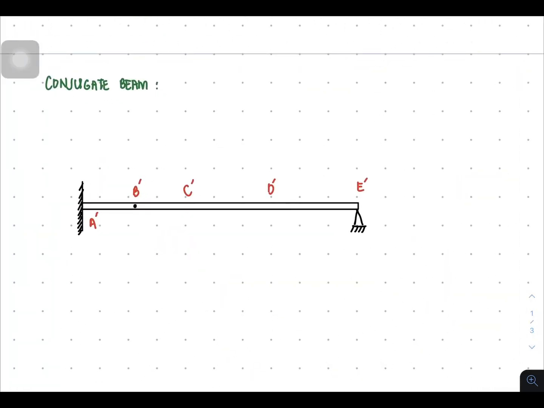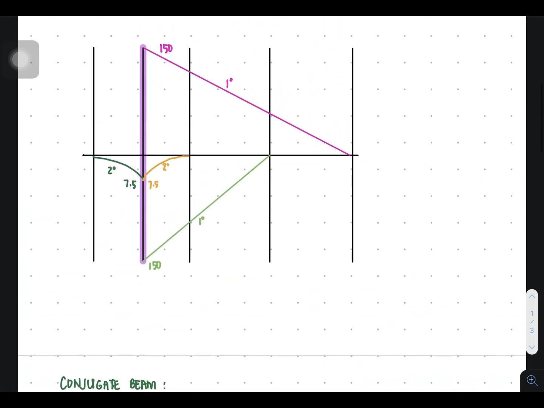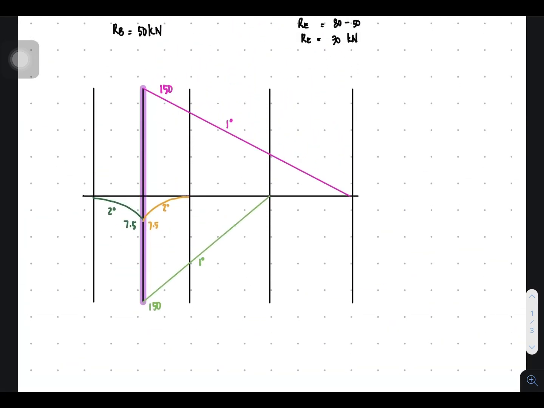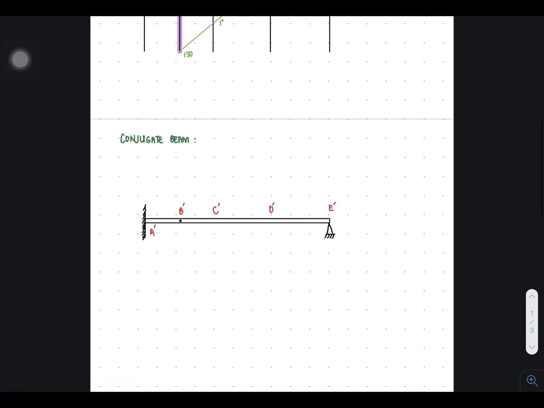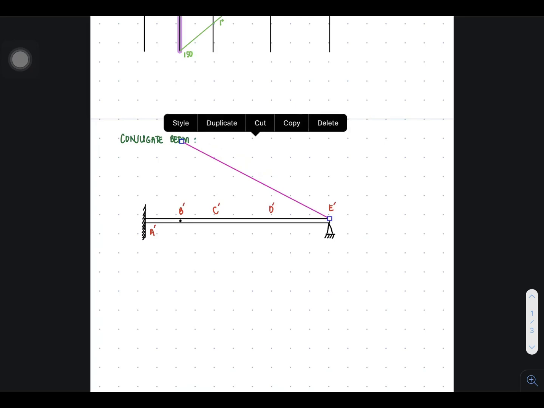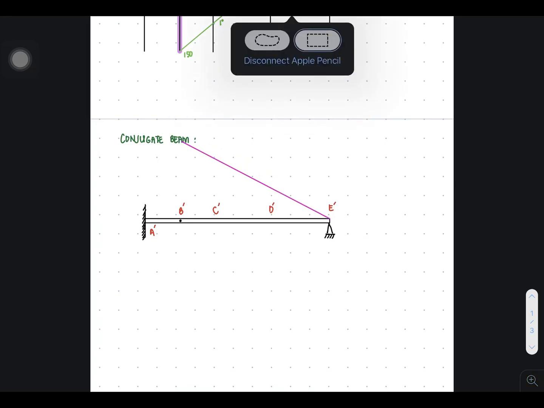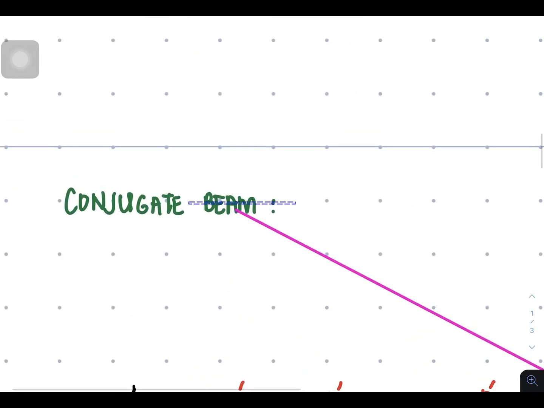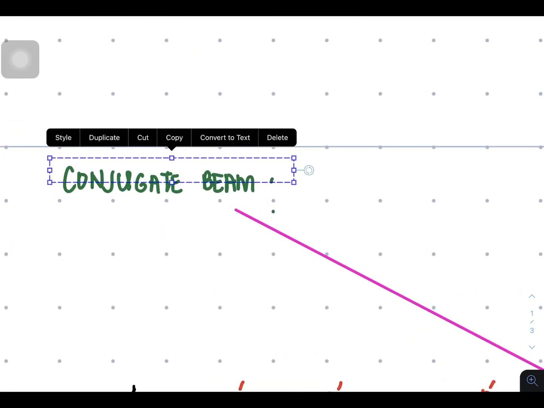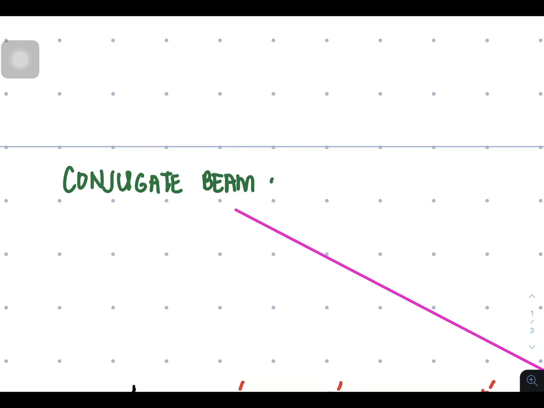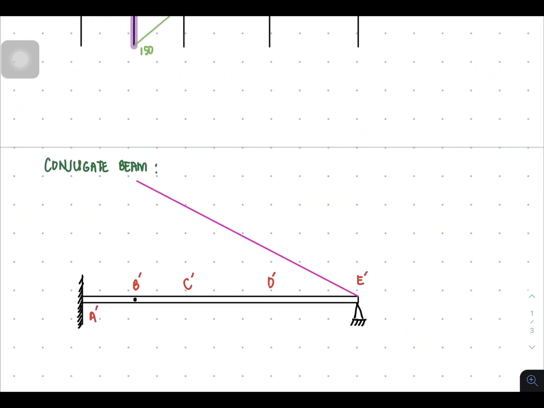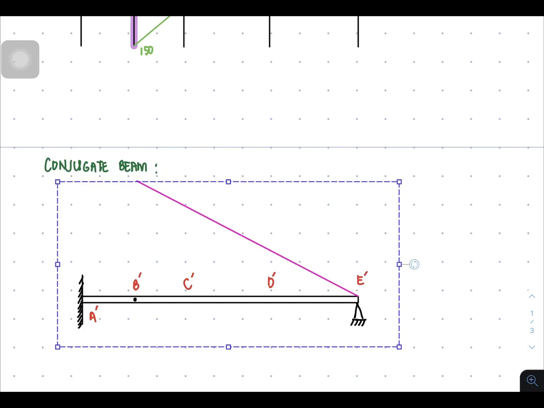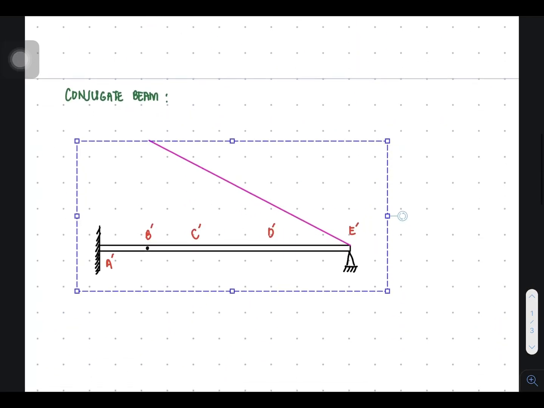There. So put back the loads. So I'll transfer this load here. I'll just get this here, and this one, and then I'll move it downward a little bit.